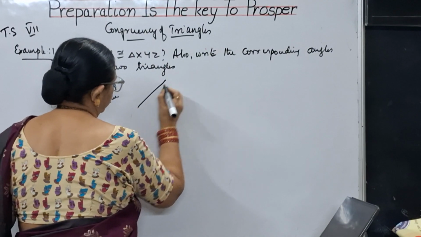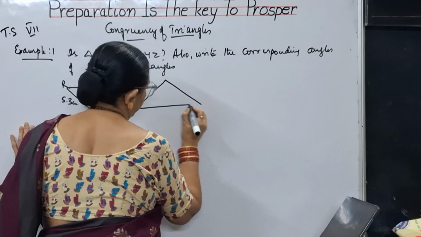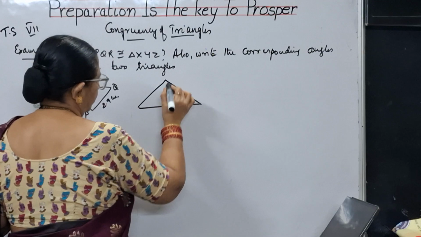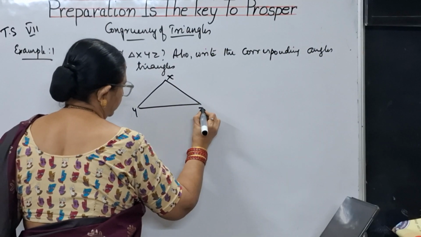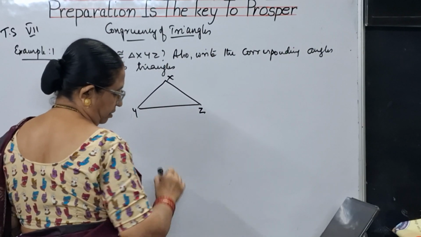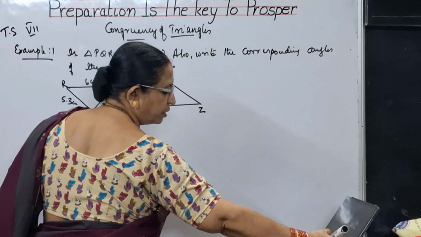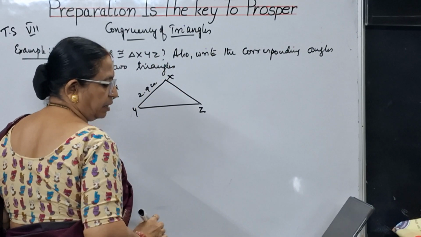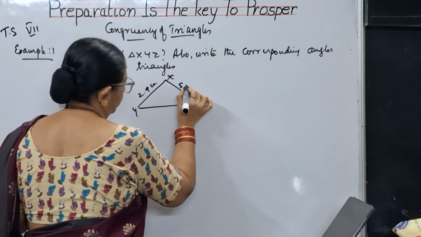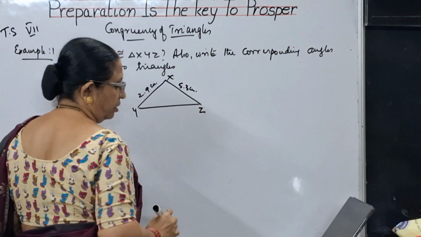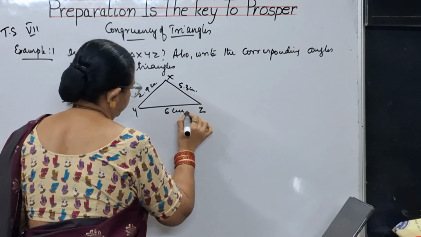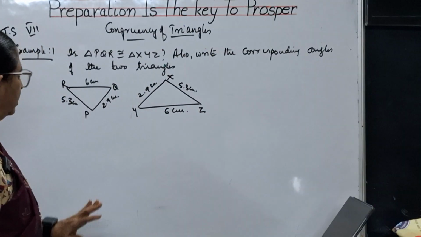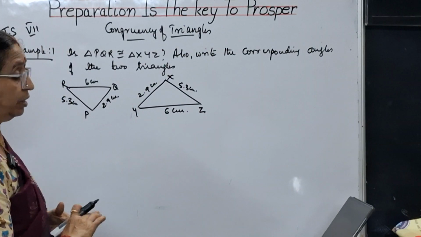And you have got another triangle here, XYZ. In this, XY is 2.9 centimeters, XZ is 5.3 centimeters and YZ is 6 centimeters. Now the question is whether these two triangles are congruent.